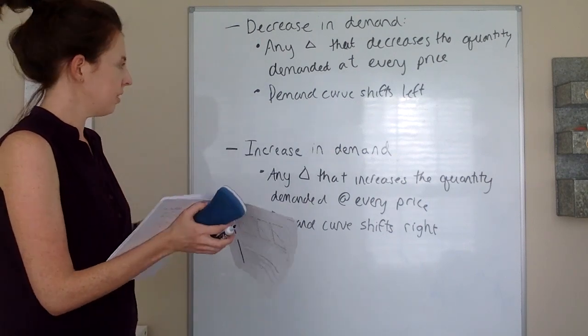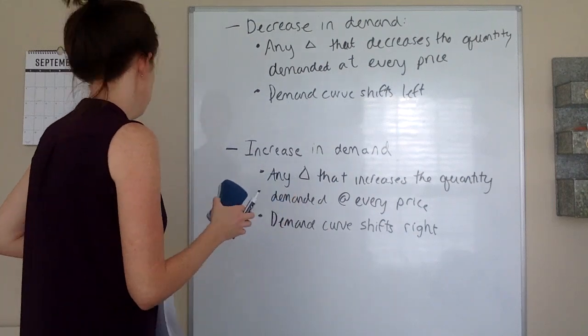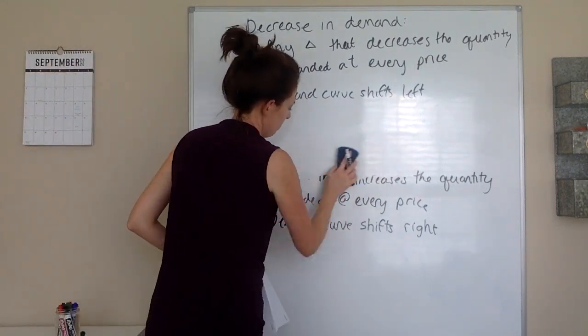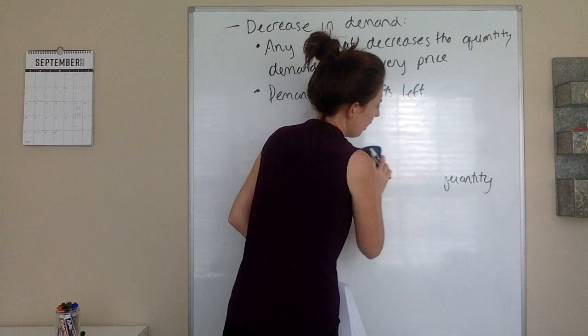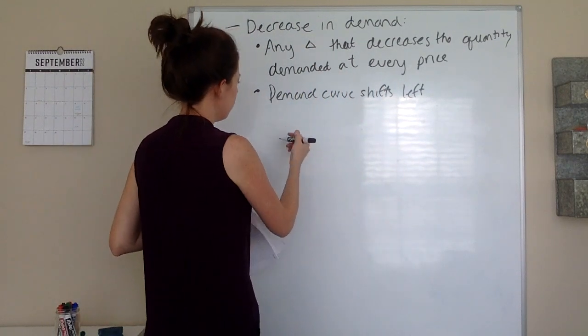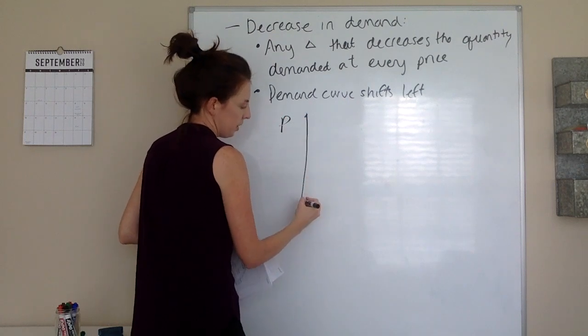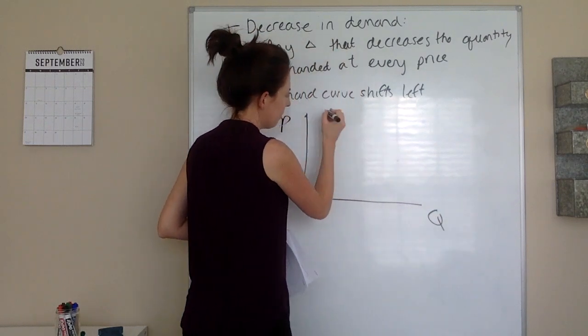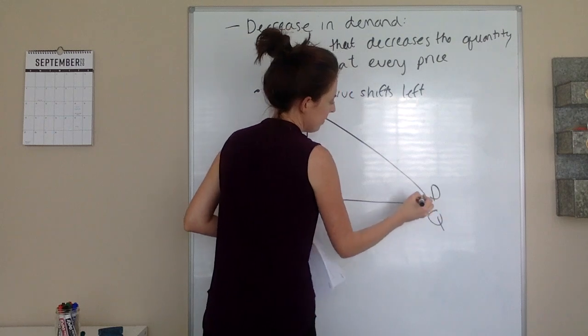Okay, so actually let me draw you a picture of this first. I'll draw you a picture and then I'll give you scenarios where we might see this happening. Draw this real big since it's important. So suppose you have an original demand curve that looks like this.